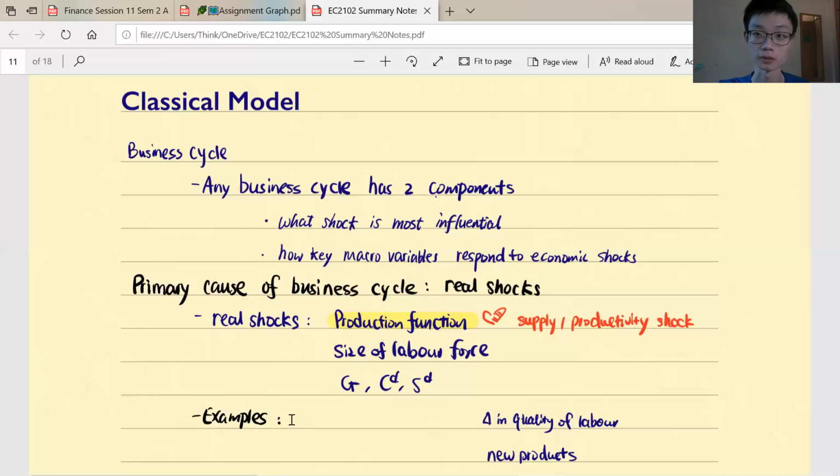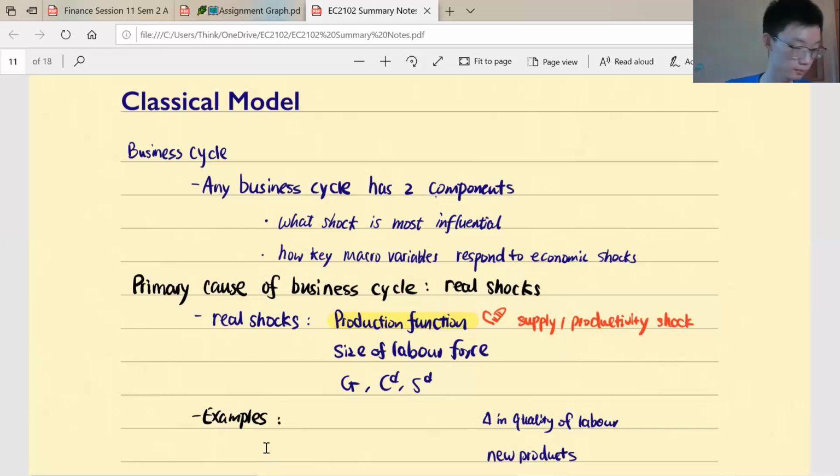The real shock is the shock to the real variable of the economy. For example, your real output, your desired savings, which is real, your consumption, which is also real, and there are many more.